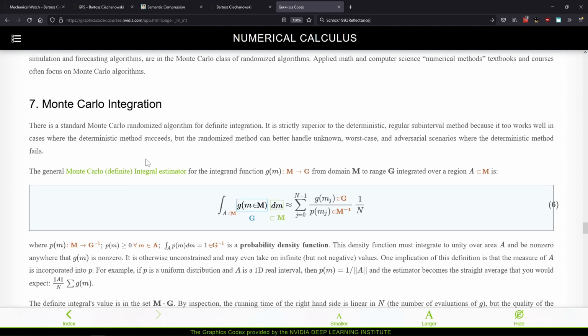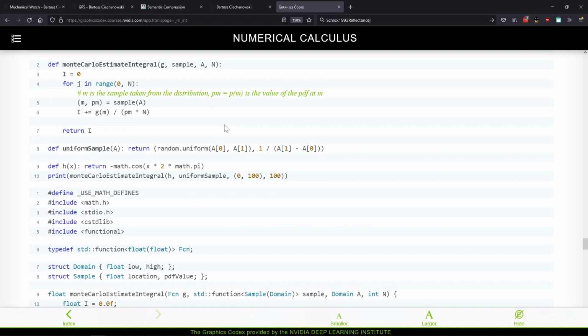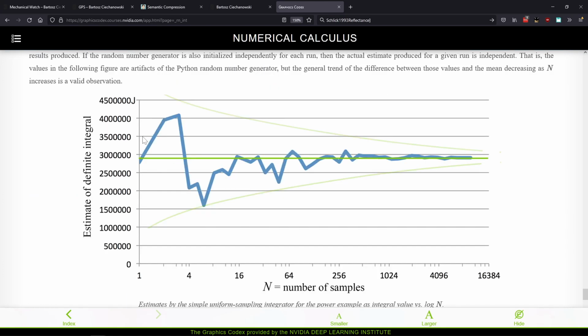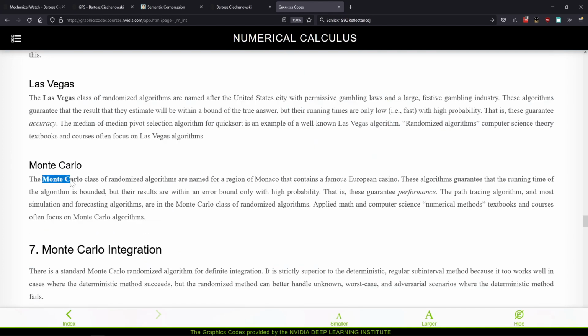I don't think I've ever heard of Las Vegas style algorithms. Yeah, I never heard of this term. But also, I never knew Monte Carlo is a city until much later. I knew that just because I watched travel shows with my parents growing up. Sundays at 4 p.m. was travel show time.